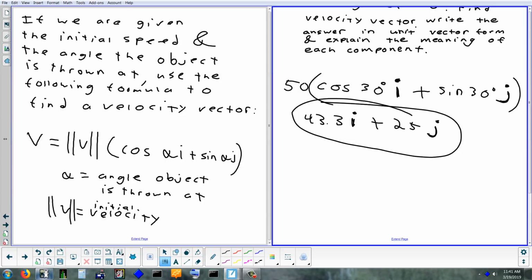So the question is, I want to know what these two numbers mean. What does the 43.3 actually mean? Yeah, that would be the horizontal distance the object traveled. It is something horizontal, but it's not distance. But it is something horizontal.